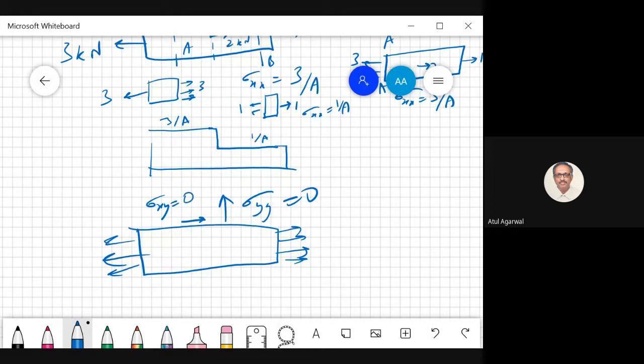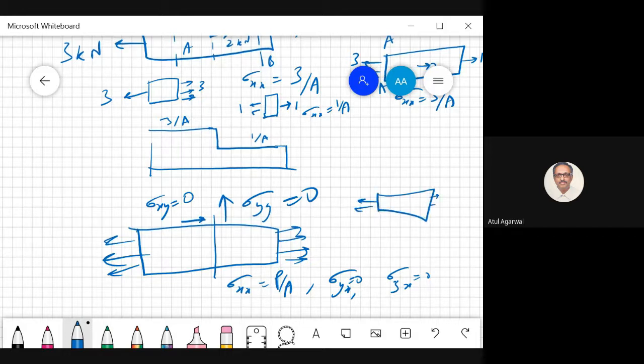But if I take a plane like this, you have only sigma xx on this plane, which is P by A. You can also have sigma yx, sigma zx, but there is no force which requires them, so they will be 0. If you draw the free body diagram, here you have internal forces.